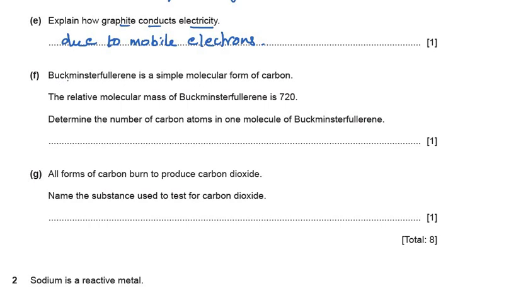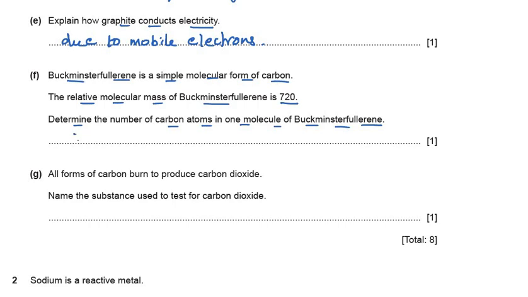Question F says Buckminster fullerene is a simple molecular form of carbon. The relative molecular mass of Buckminster fullerene is 720. Determine the number of carbon atoms in 1 molecule of Buckminster fullerene. Here it says it has a simple molecular structure made of only carbon. It also says the relative molecular mass is 720.